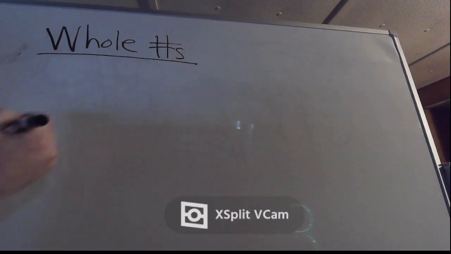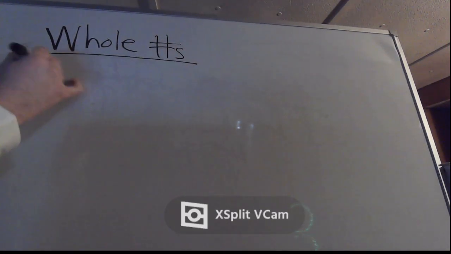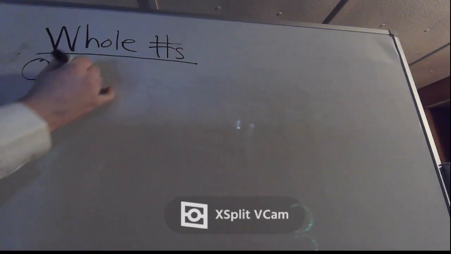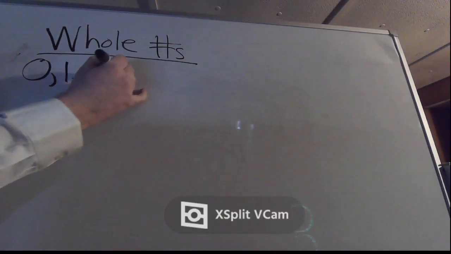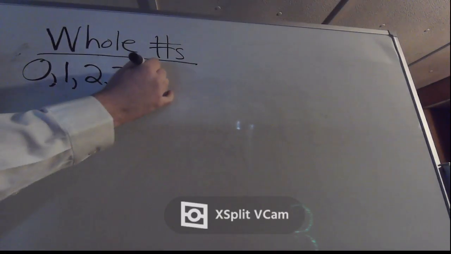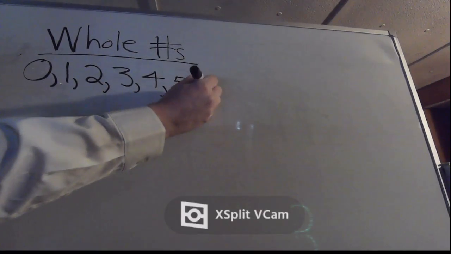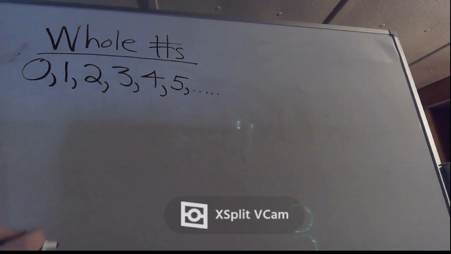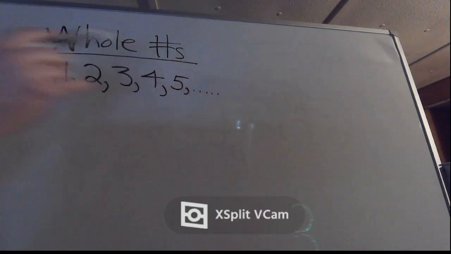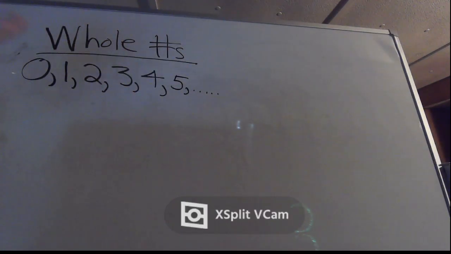Those are the set of numbers from 0, 1, 2, 3, 4, 5, you get it, every digit afterwards. It's a set of 0 to infinity. That's the set of whole numbers. They're counting numbers. You can think of it that way. Whole numbers including 0.